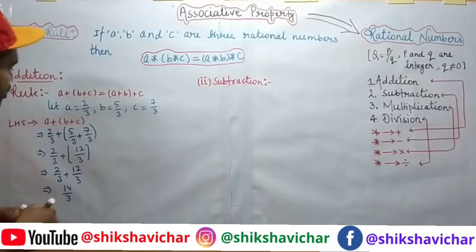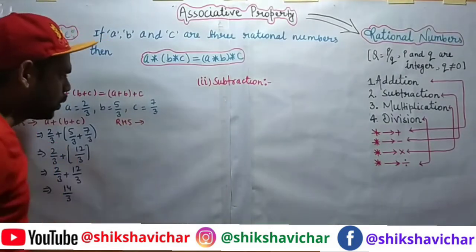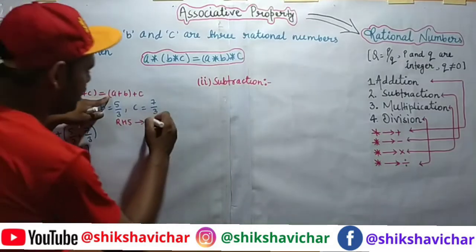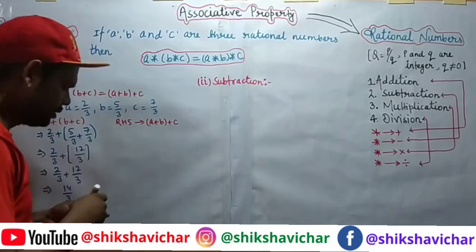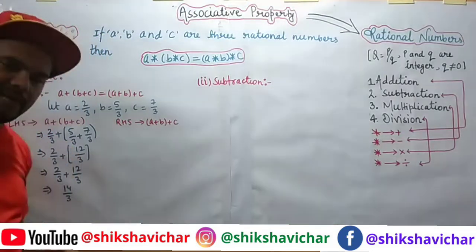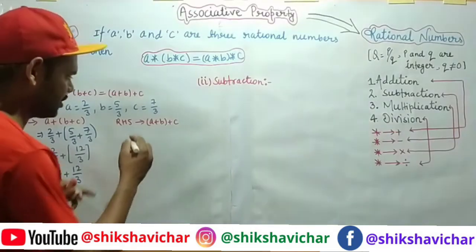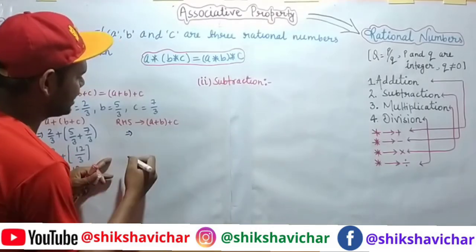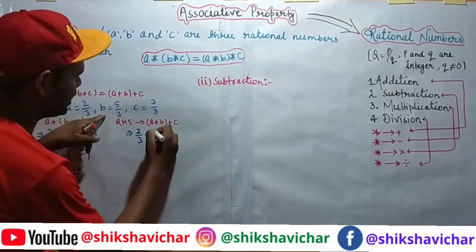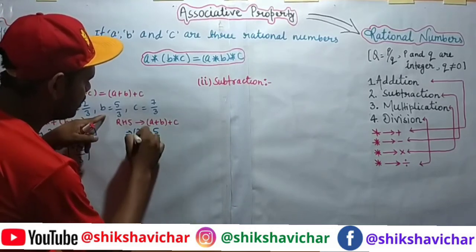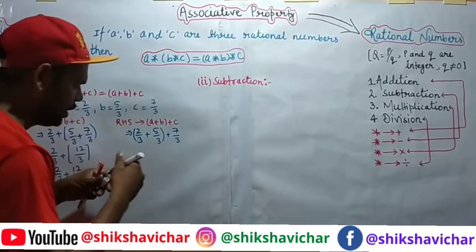Now we will solve right hand side. What is the right hand side? That is (a plus b) plus c. Then we will put the values of a, b and c in this expression and check the verification. This implies that (2 upon 3 plus 5 upon 3) inside bracket plus 7 upon 3.